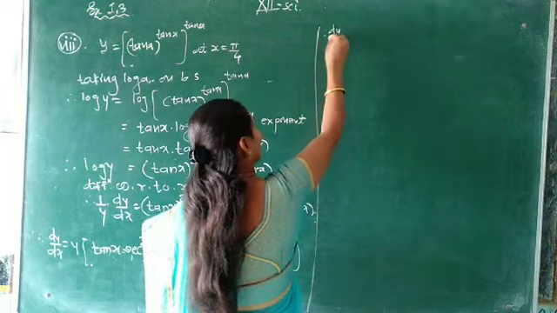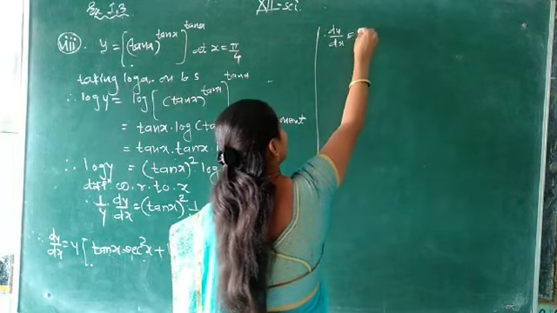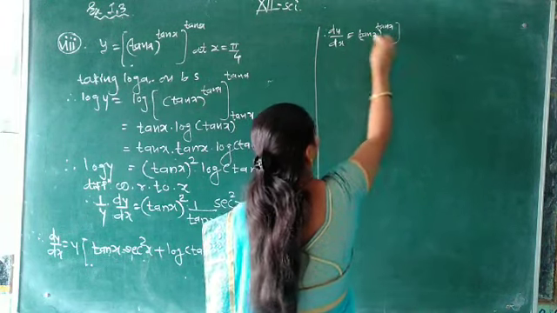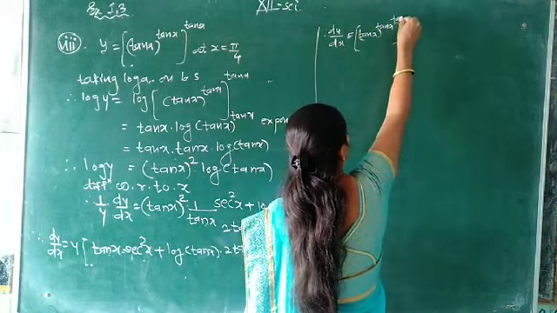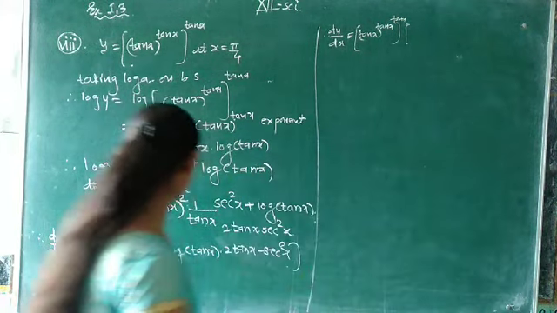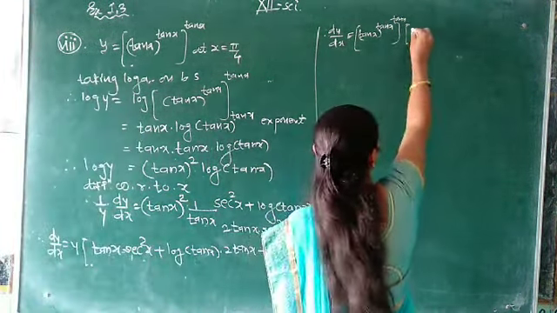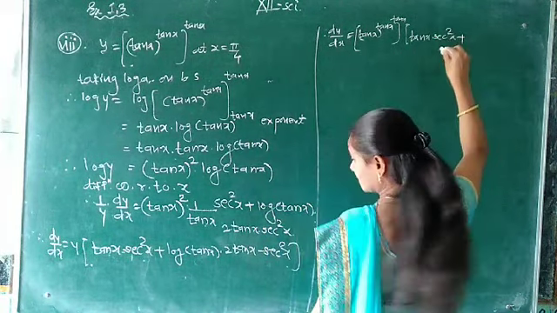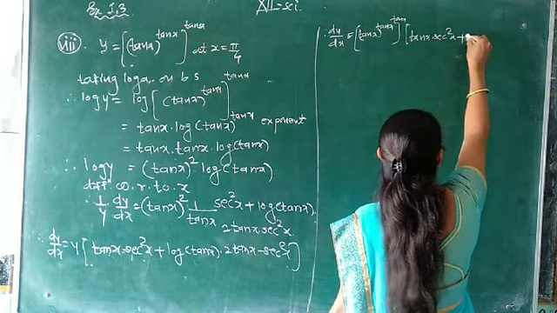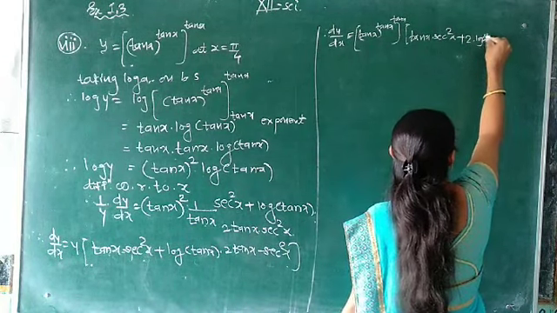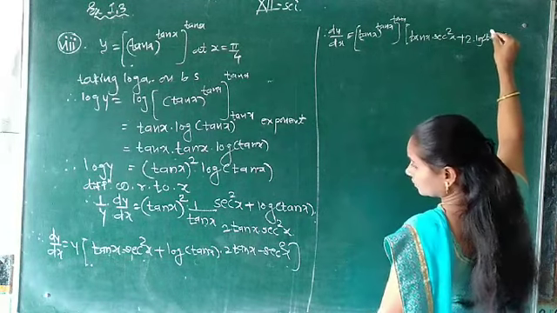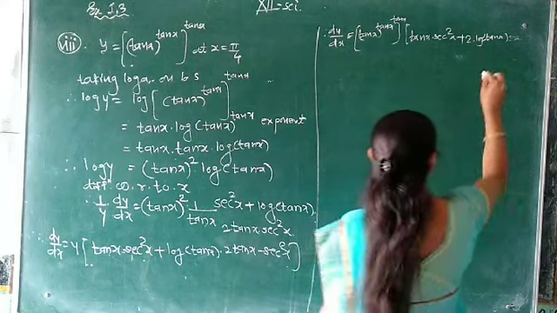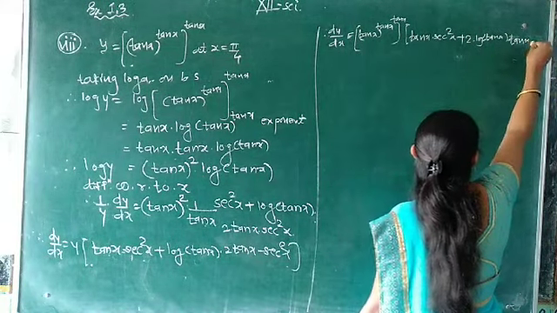Therefore dy upon dx is equal to, what is the value of y? (tan x raised to tan x) and whole bracket raised to tan x, into, write the function in bracket as it is, that is tan x into sec square x plus log of tan x into 2 tan x into sec square x.